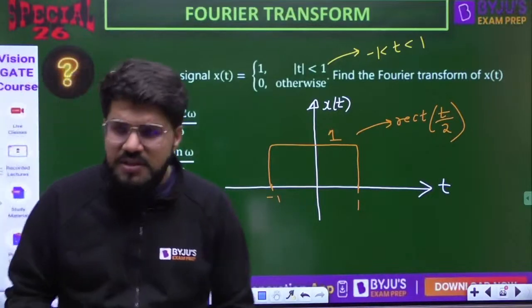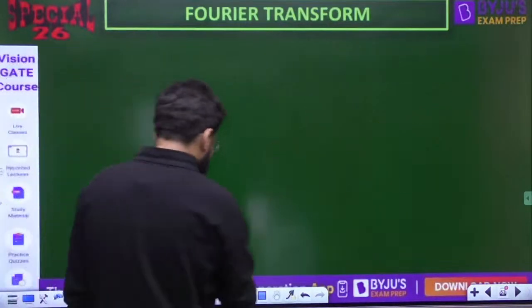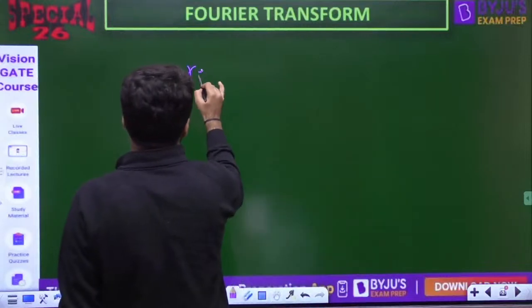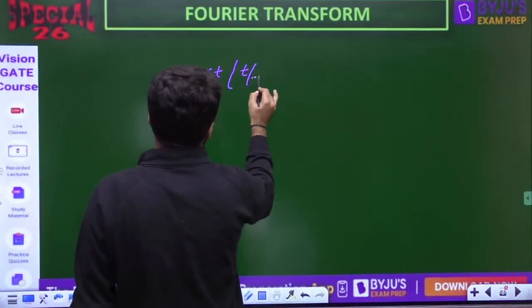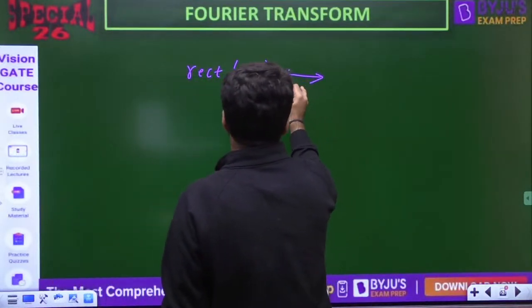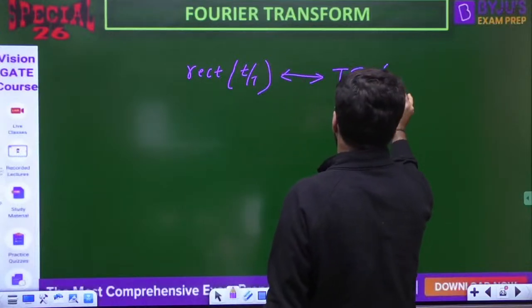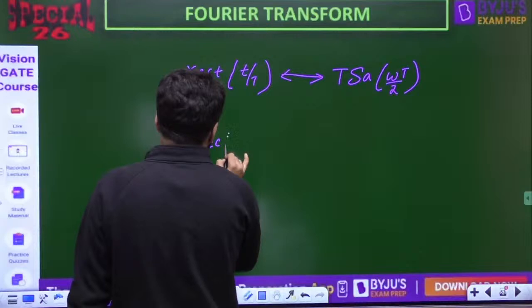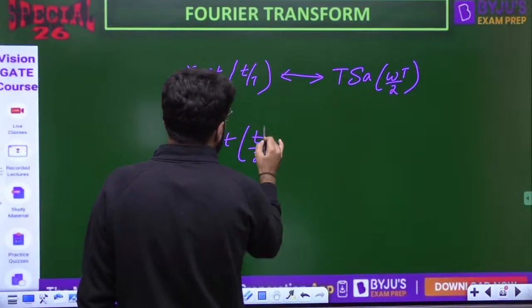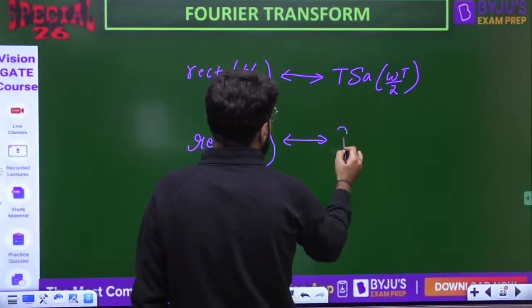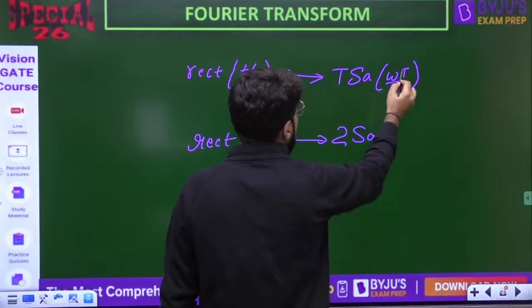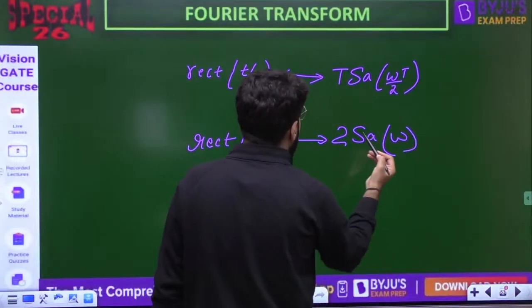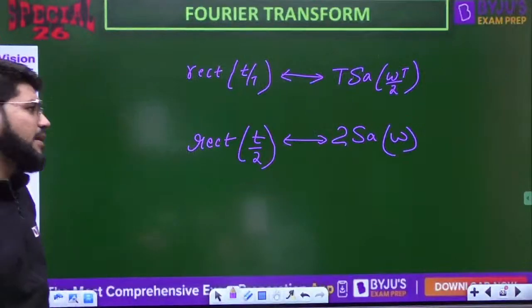Now what is the Fourier transform? Just a small recollection of a very important formula to be recalled before we move on to the miscellaneous questions based on it. Rect t by T has the Fourier transform T sampling omega T by 2. So if rect of t by 2 is given, that will have the Fourier transform 2 sampling omega, putting 2 in place of T. Options are in the form of sine, no problem.